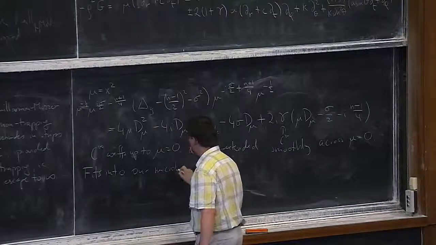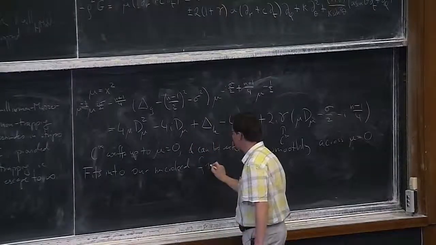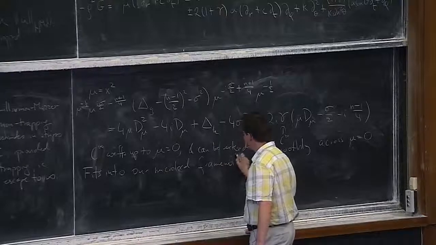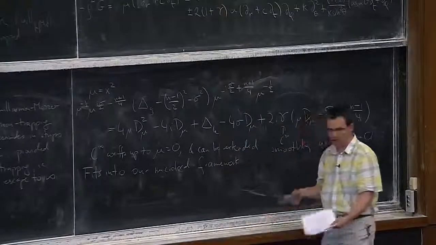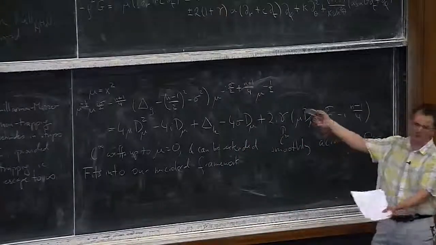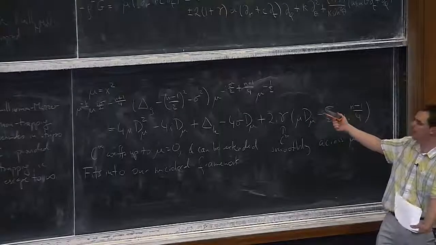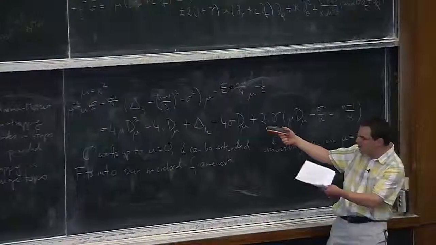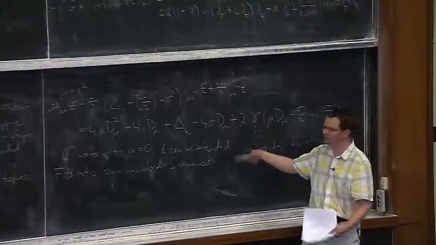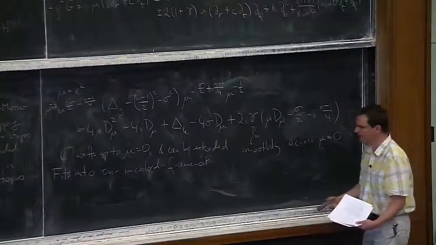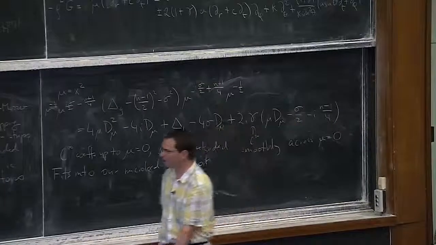Let me say how, without writing down details. What you could do at this point is really just write down this operator and ask how it behaves. This particular form is only relevant near mu equals 0, so you want to say something about what happens elsewhere. But anyway, let's just think about what happens for mu near 0.